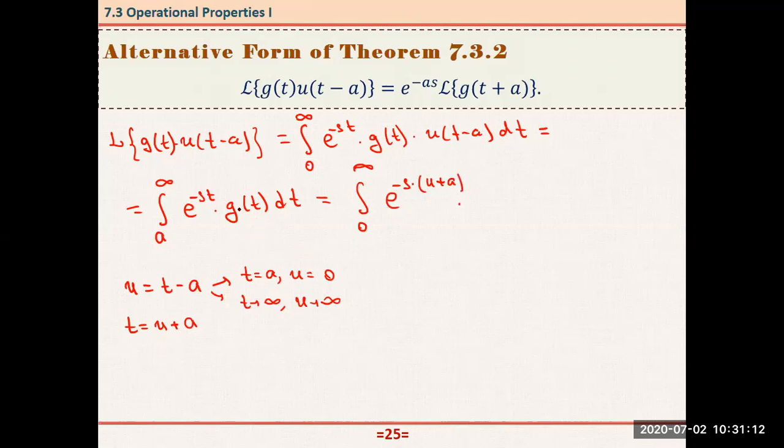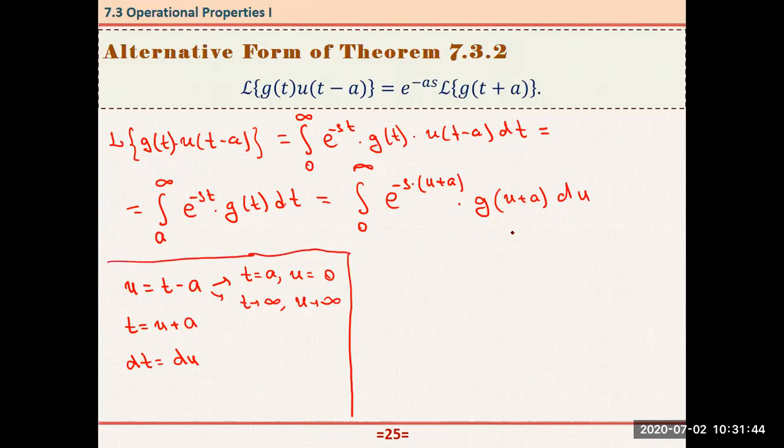And how about g? We have g of t, and t is equal to u plus a, so here we have g of u plus a. We know that dt is equal to du because a is just a constant. So here we have du.